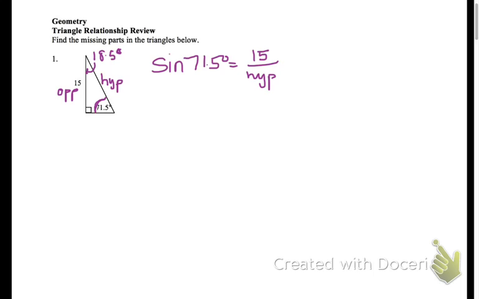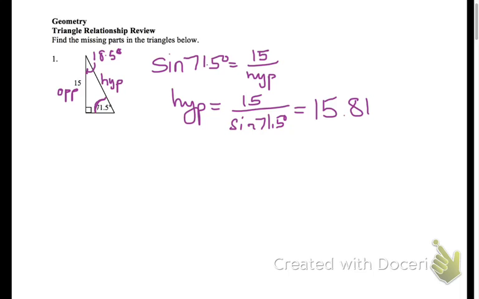So what we need to do is solve for the hypotenuse by dividing 15 by the sine of 71.5 degrees, and that answer is 15.817 if we round to 3 decimal places. So we've got our hypotenuse, 15.817. Let's go and find the missing leg, and this is our adjacent side. So we were given the opposite side, and we were given our angle 71.5.